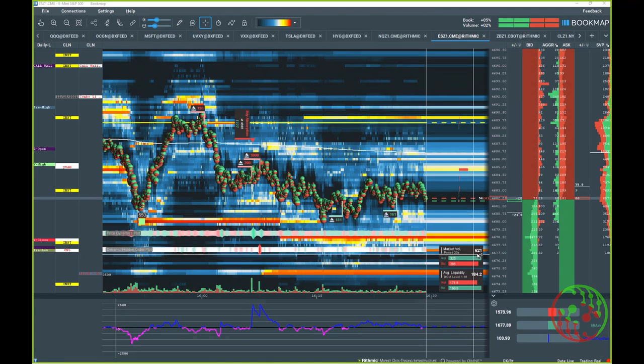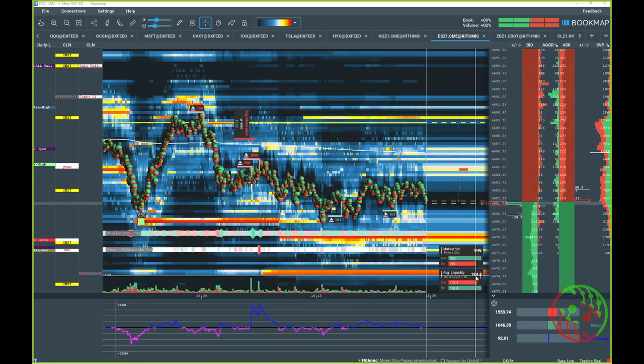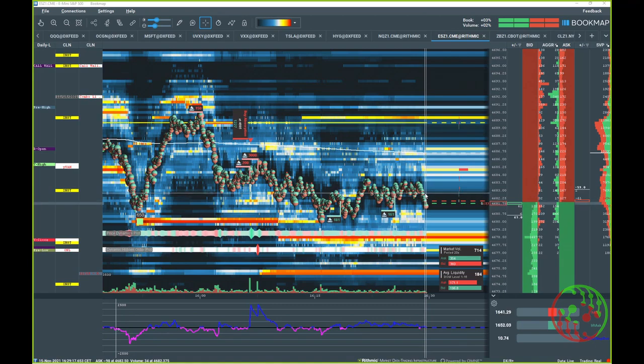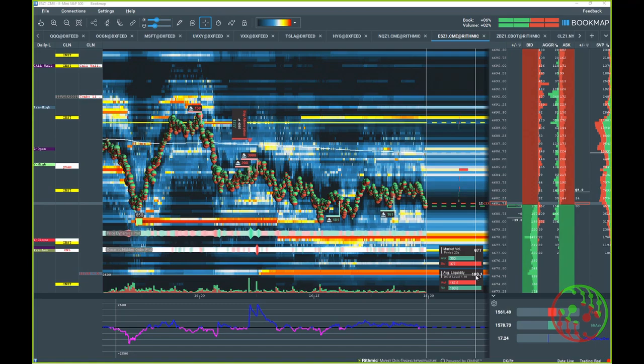In other words, if you see 2,000, the market will jump up or down, and if you see 200 here, you will notice that the market is going sideways. So nothing happens for minutes. The practical question now for the trading is, if we see 200 here, for example, and the average liquidity is as well 200, does it make sense to trade then?